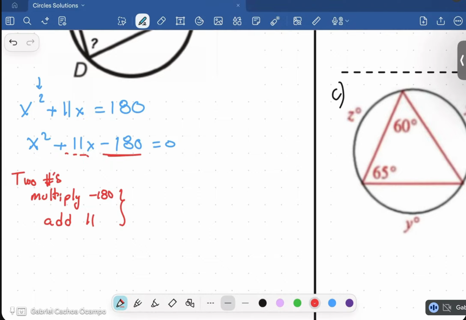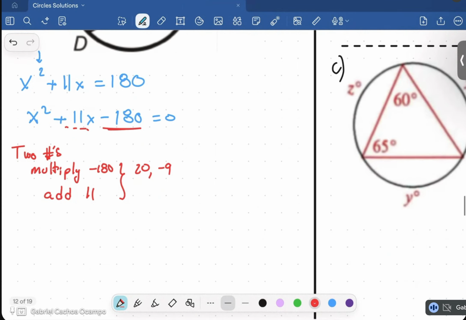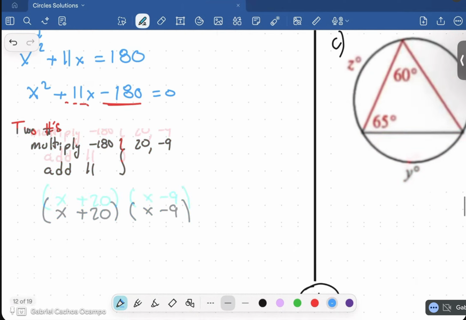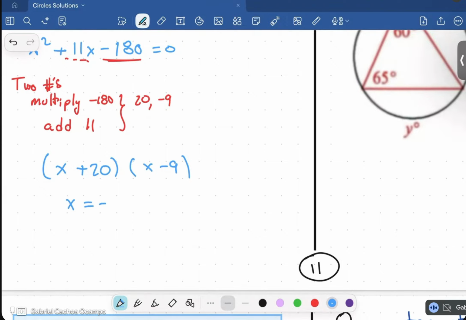I have a feeling that it is 90 times 2 is 180. 45 times 4 is 180. 9 and 20, no? What about like 20 and negative 9? So that equation can be written as x plus 20, x minus 9. So I have two solutions, that x equals negative 20 or that x equals 9.